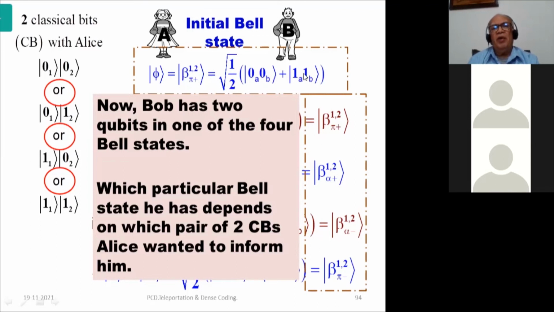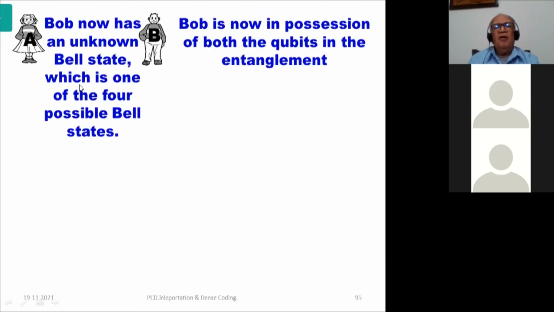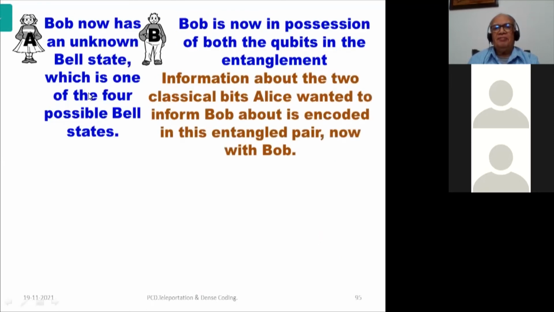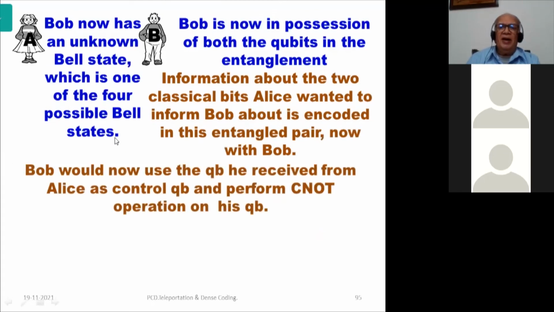Bob is far away in some other galaxy or wherever. And Alice now may send 1 qubit of information to Bob. And from that, Bob has to figure out which pair of classical bits she has. So let us see how this is to be done.